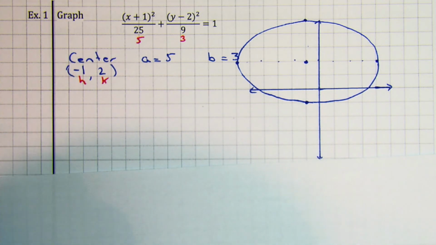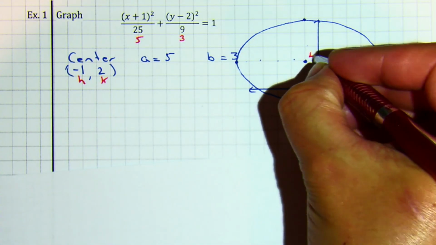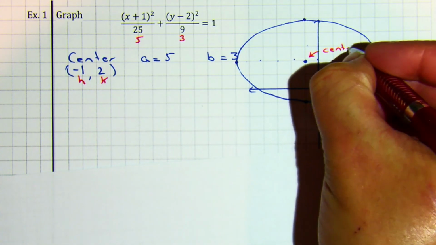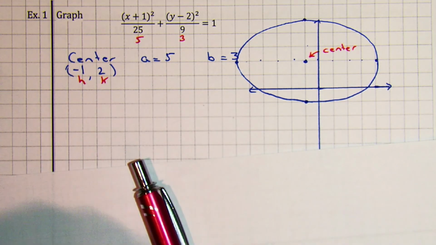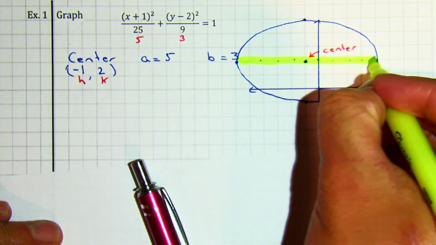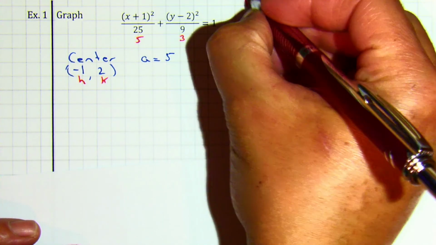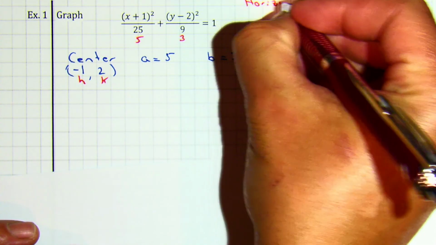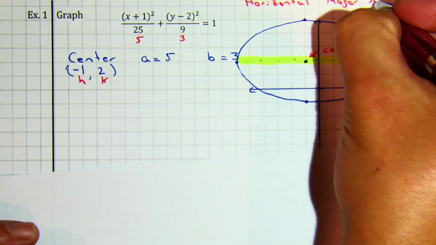So in this case, our center, I'm going to label it. I need to decide which is my vertex and which is my co-vertex. The longest side is horizontal, so this one has a horizontal major axis.